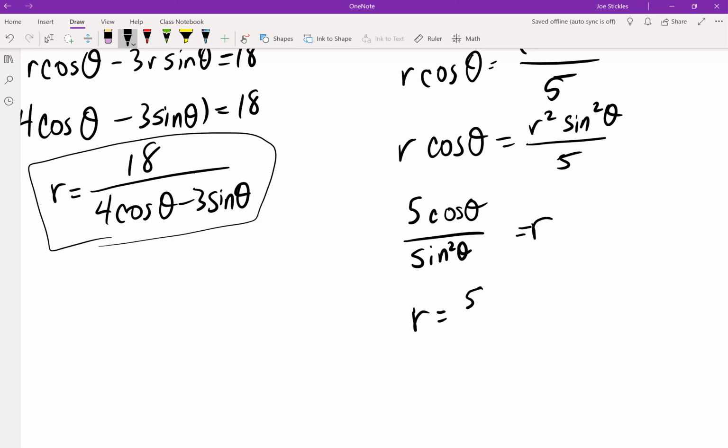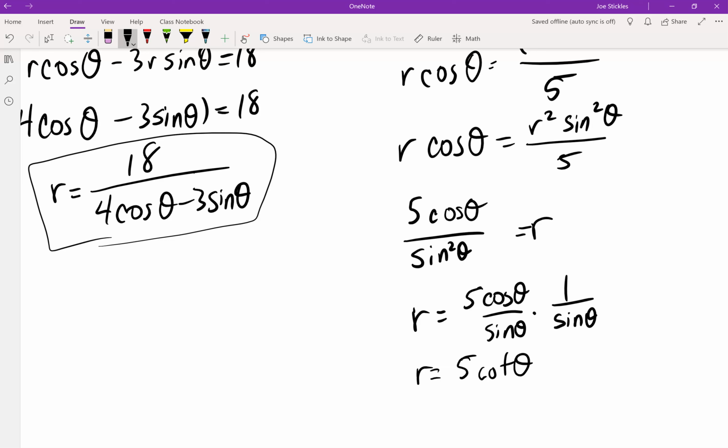Now we're going to be a little bit clever, because we like to be clever. I'm going to rewrite that sine squared as sine times sine, so that I can write this as 5 times cosine theta over sine theta times 1 over sine theta. And the reason why I did this is, of course, that I recognize those two things as different trig functions.